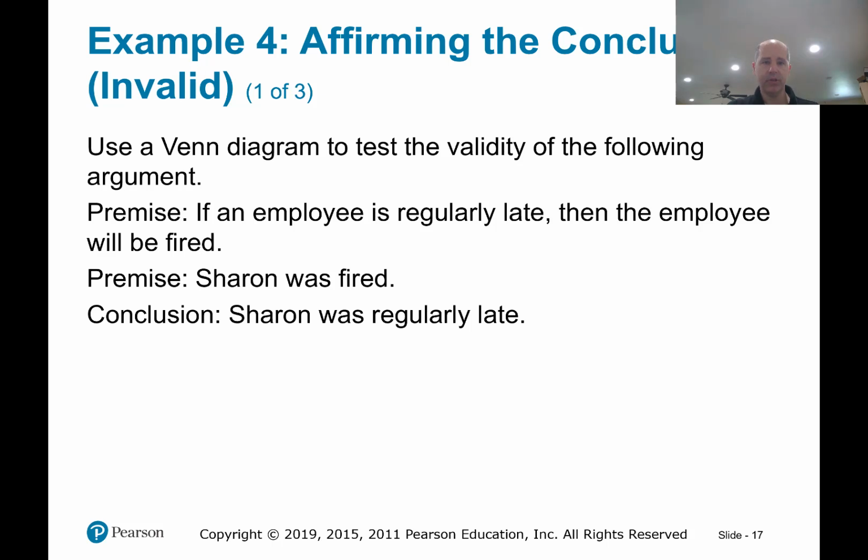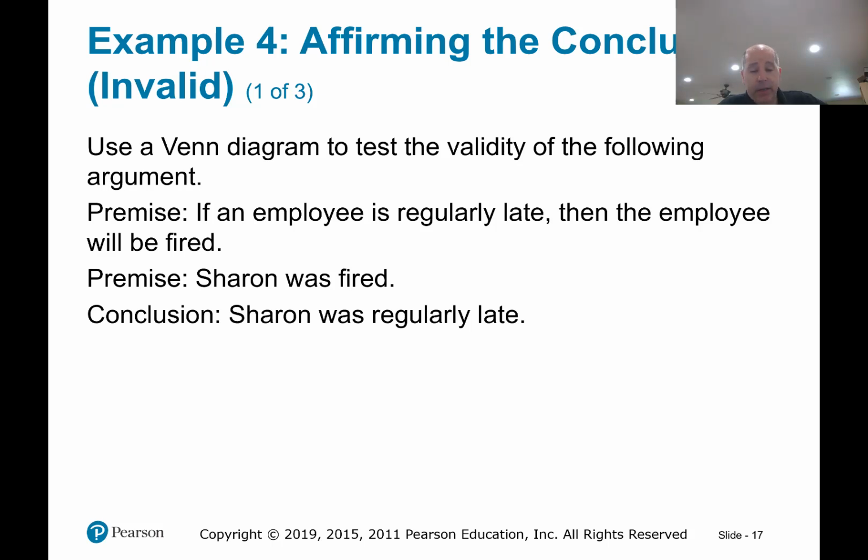Okay, so let's look at this one. Premise 1: If an employee is regularly late, then the employee will be fired. Premise 2: Sharon was fired. Conclusion: Sharon was regularly late. Nope. Is that necessarily true? Does the conclusion necessarily follow from those two premises? No, of course not. There could have been other reasons she was fired.